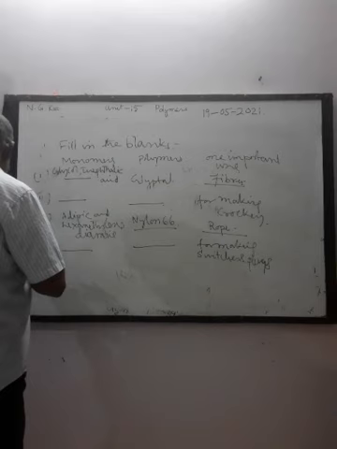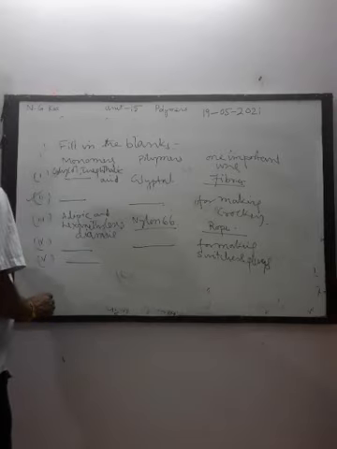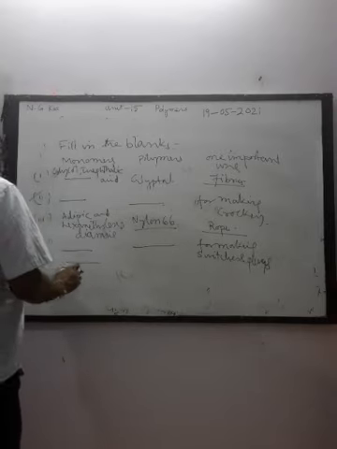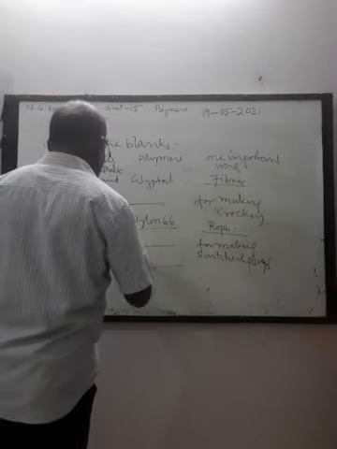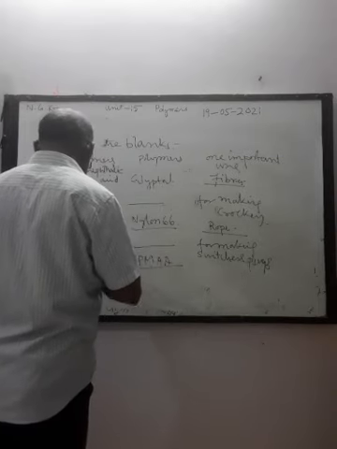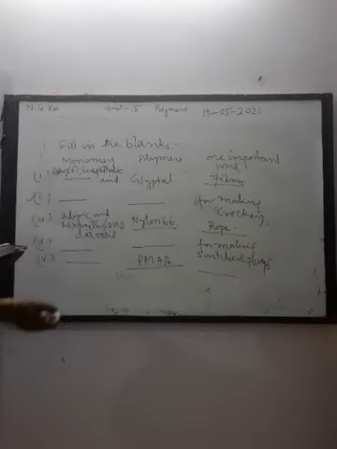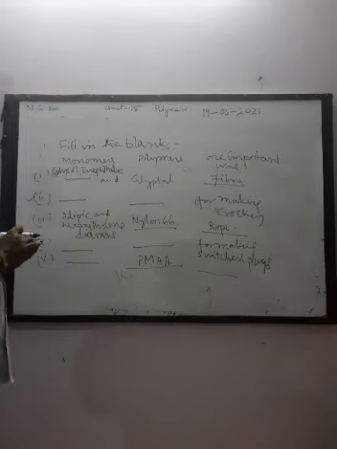Number 5, this one is also available in your PDF. If you go through the PDF, then you can answer all these questions. So another question, what are thermoplastics? Give one example, also available.